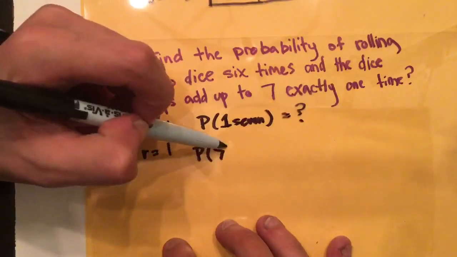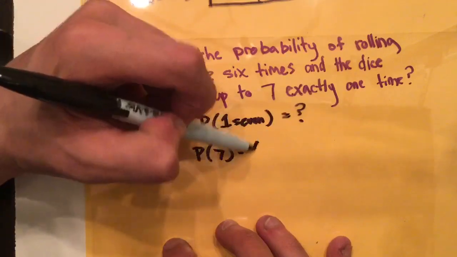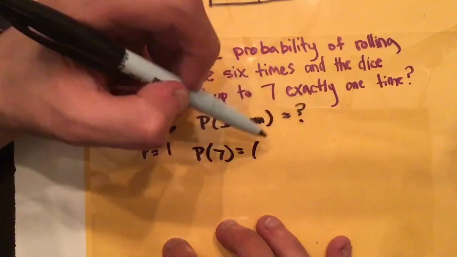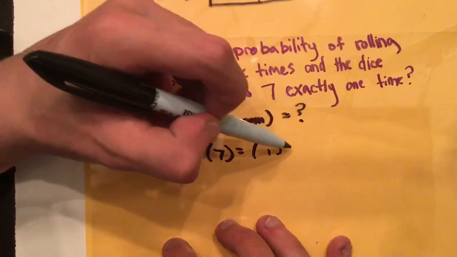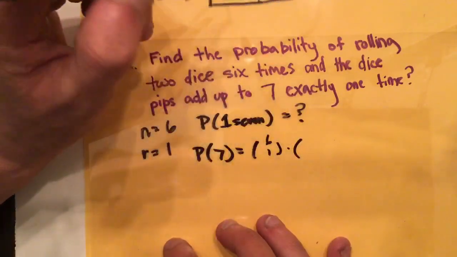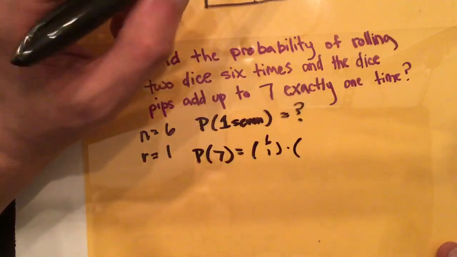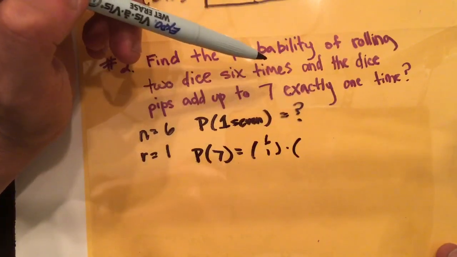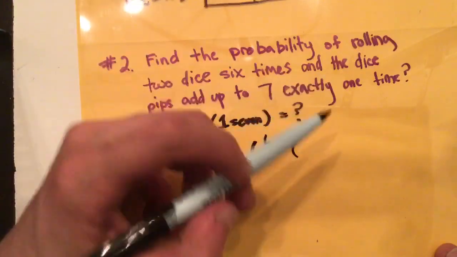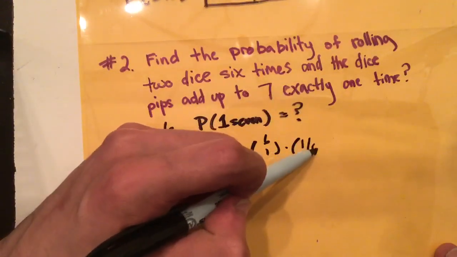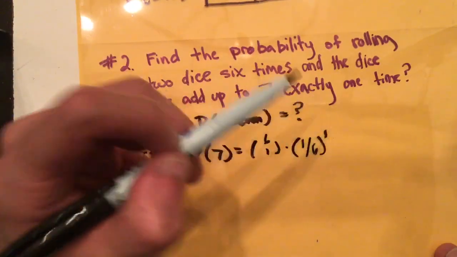So here, the probability of 7, I'm going to shorthand it, is equal to, N is 6, R is 1, so we have 6 choose 1 times the probability of a success. Rolling a 7, or getting the 2 dice to add up to 7, is actually a 1/6 probability. And we want that to happen 1 time.